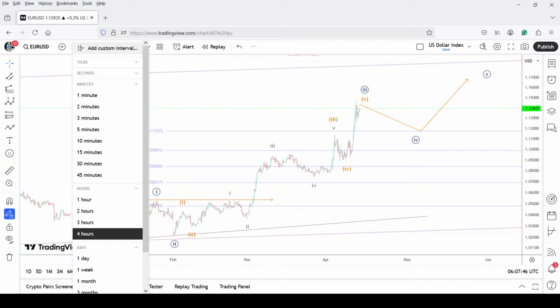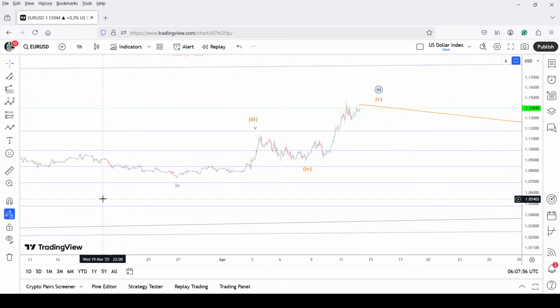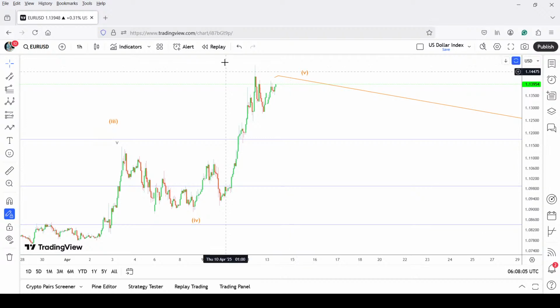Now if we look at the hourly chart, the kind of pattern which is unfolding right now is, let me zoom in a bit, we can see it's 3 down and 3 up as well.